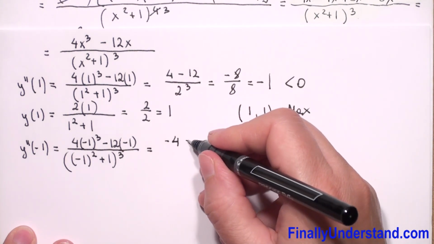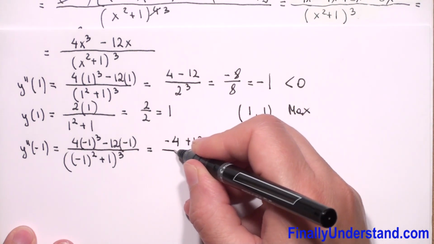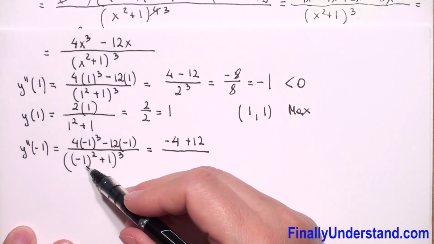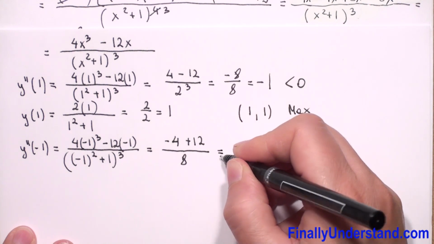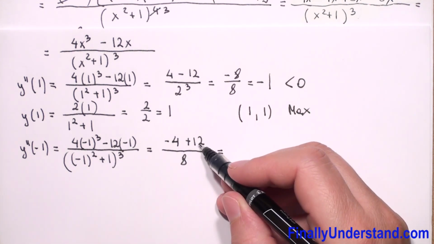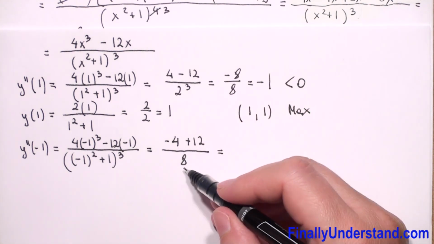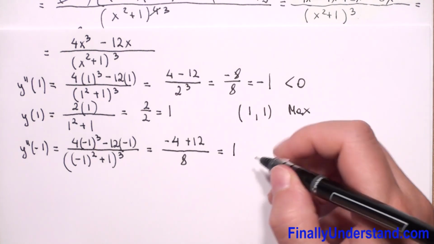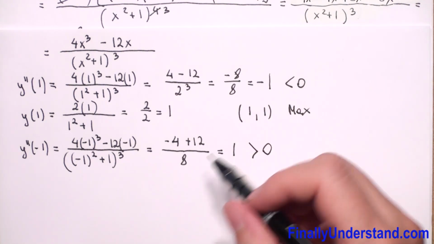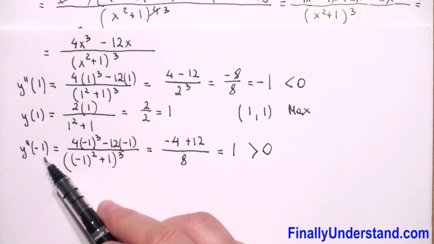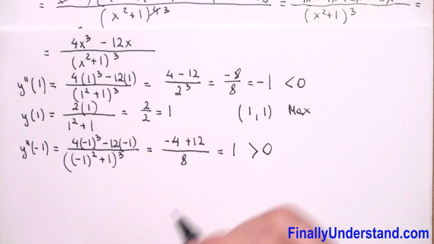Negative times negative will be positive, over 2 to third power is 8. So this is equal negative 4 plus 12 is 8 over 8 is 1. So we get positive value. It means for x equals negative 1, we will have minimum.